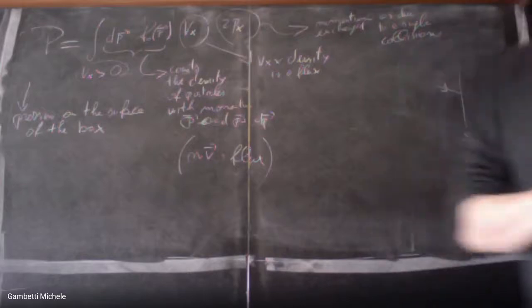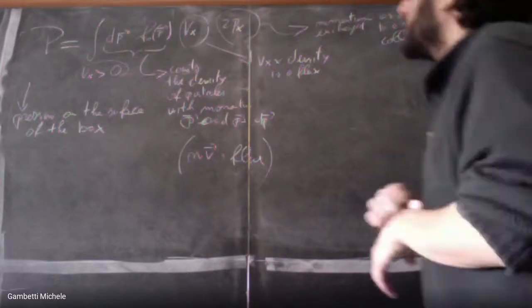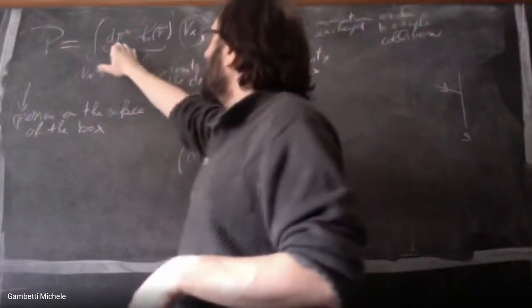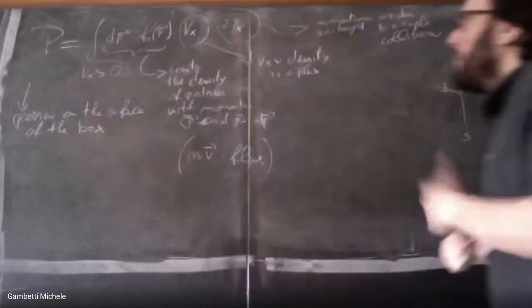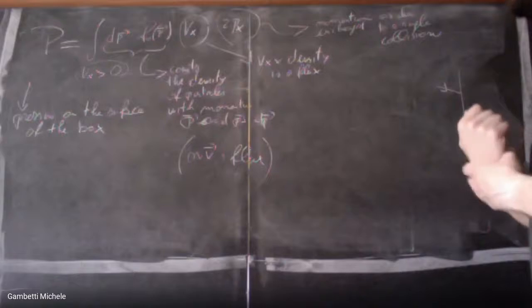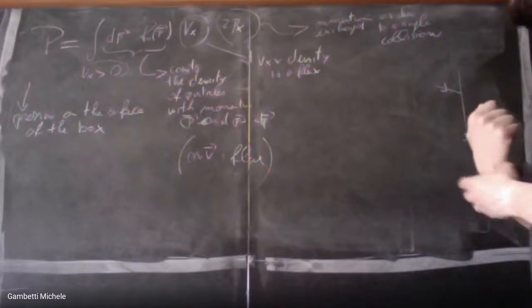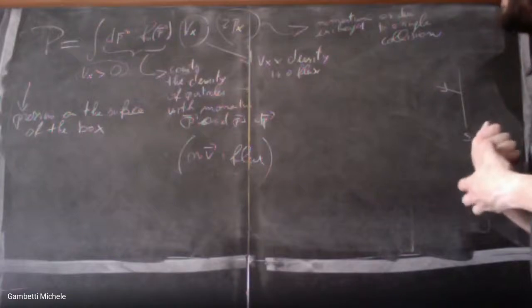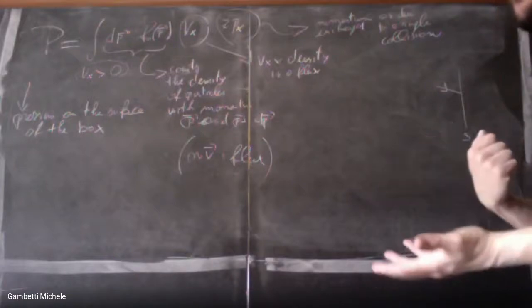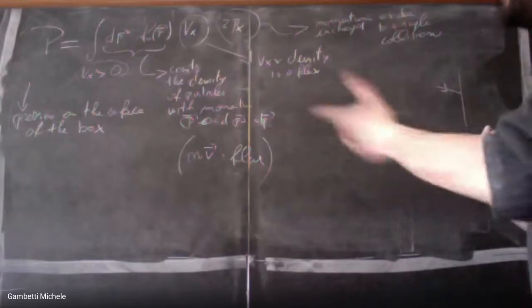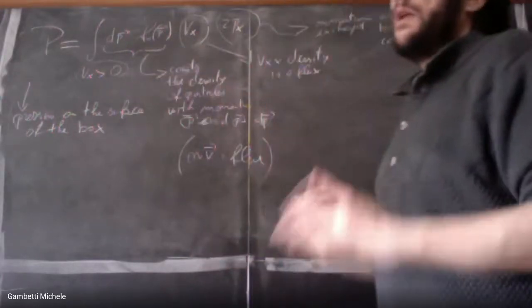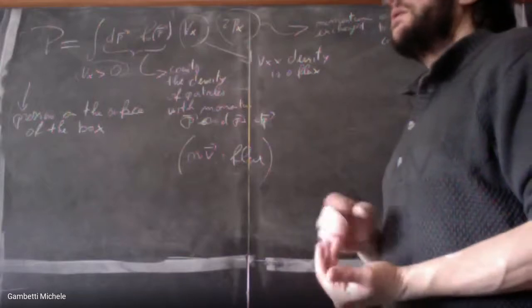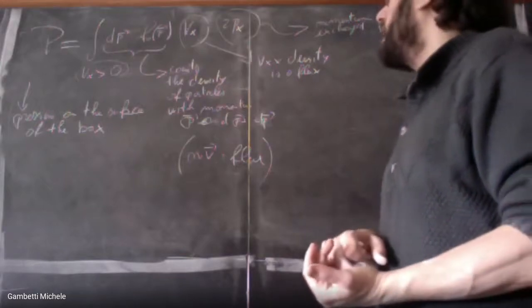Well, so let me repeat the interpretation of this. So the interpretation is this, that F0 times dP dimensionally is a density, no? As I said before, because F0 dP times dr is a number of particles, and therefore this dP F0 is a density. I multiply the density by velocity and I get a flux. So number of particles divided by surface divided by time.